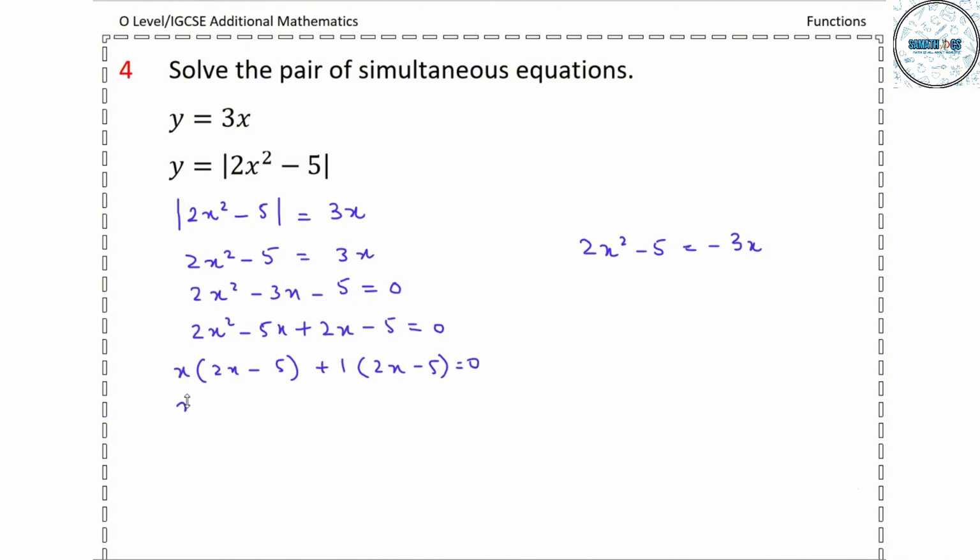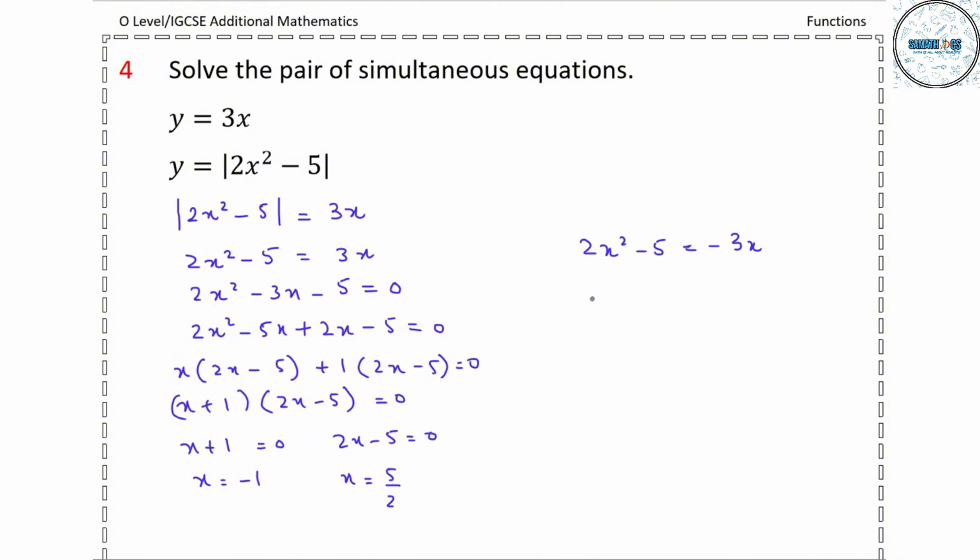So we have here x plus 1 and 2x minus 5. x plus 1 is equal to 0 and 2x minus 5 is equal to 0. x is equal to minus 1 and x is equal to 5 upon 2.